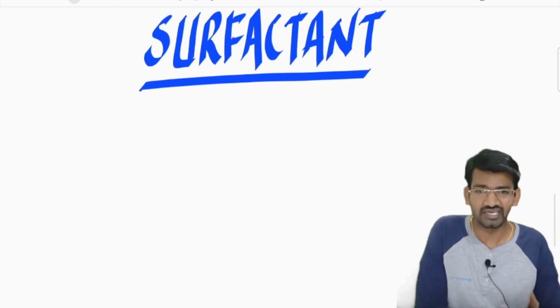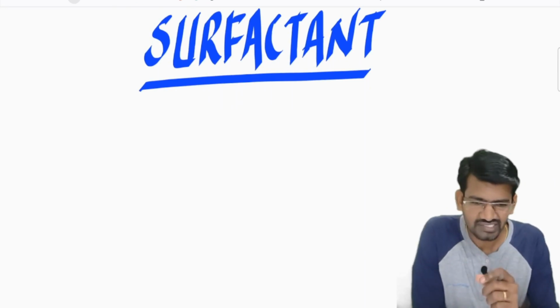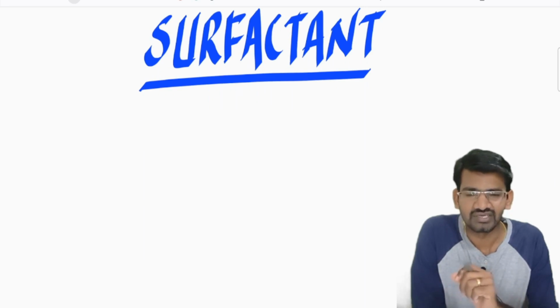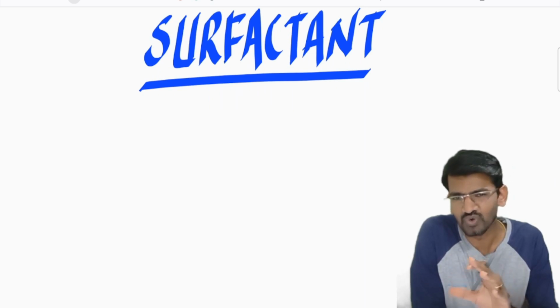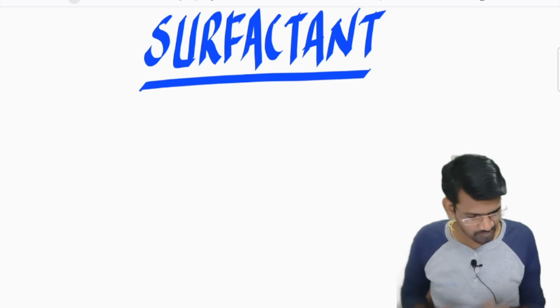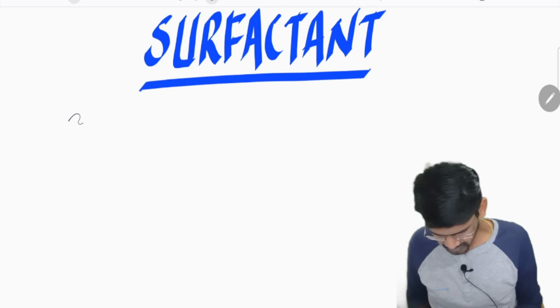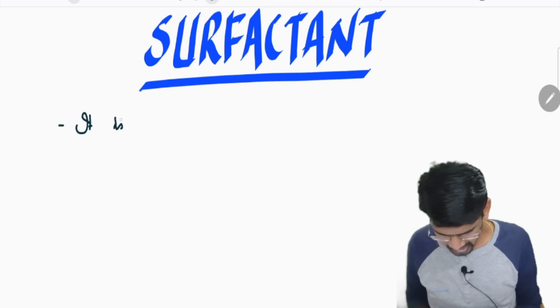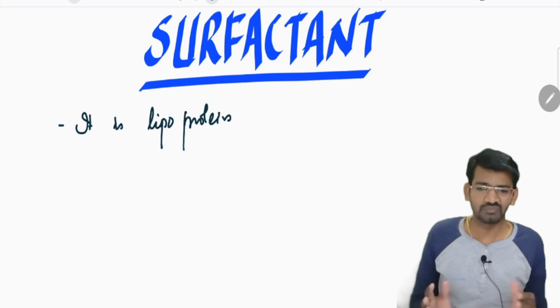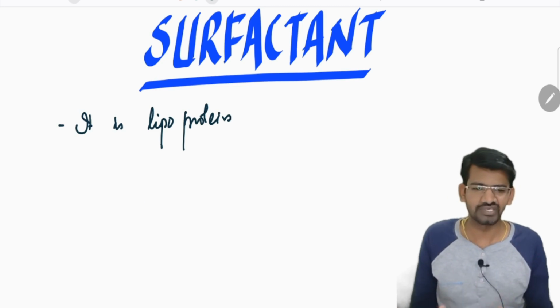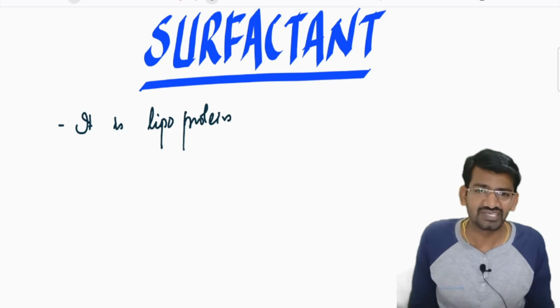What is surfactant? Surfactant is a lipoprotein, or we can say it's a phospholipid plus protein. So what is this lipoprotein? Lipoprotein means it is a mixture of lipids and proteins.